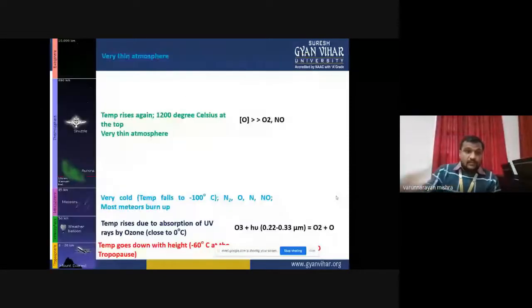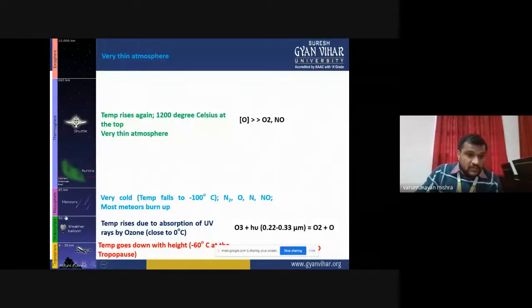Okay, so this is the way we can study the absorption process at different levels of the atmosphere: troposphere, stratosphere, mesosphere, then thermosphere.